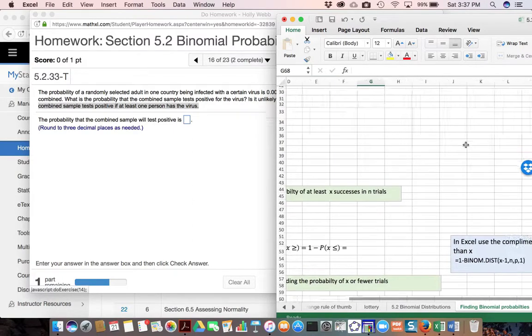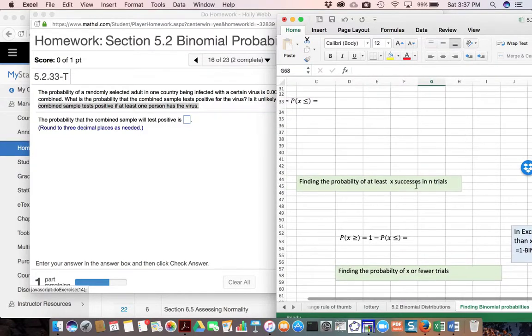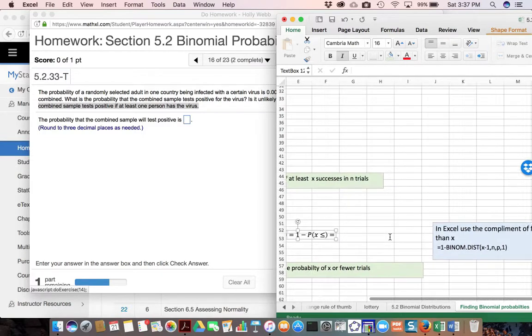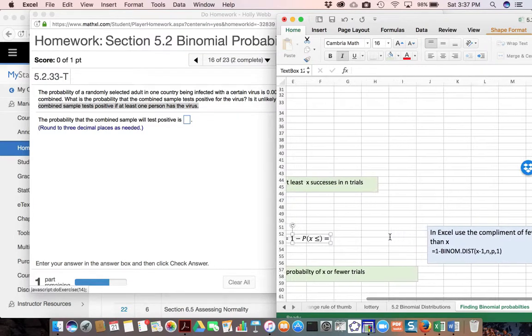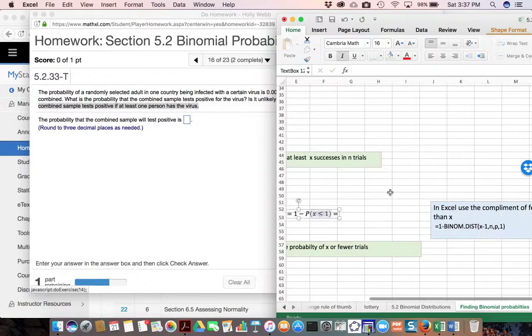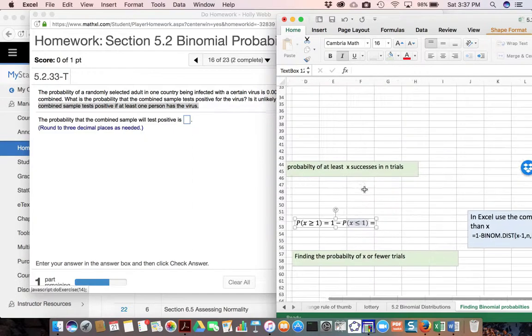Here it is, and we notice that this is the one we're going to use the complement for, because really what they're asking is the probability of x is greater than or equal to 1, which is the same as 1 minus the probability of x less than or equal to 1. So we're going to use the complement here of at least 1.